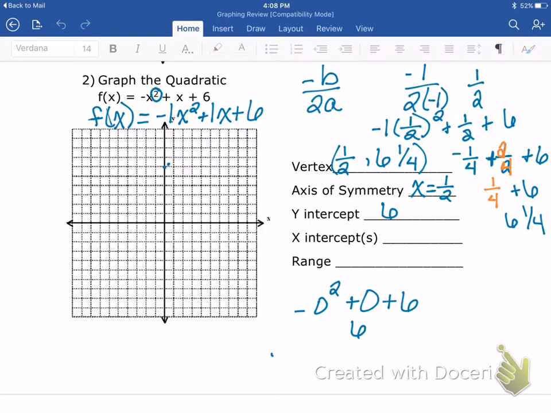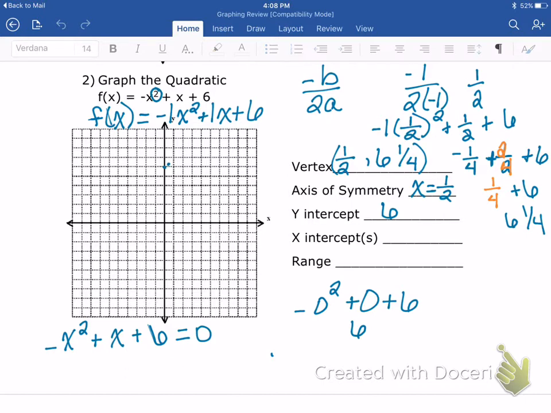Okay. Now, in order for us to find our x-intercepts, we are going to factor our polynomial. So we're going to go back up here, and I've got negative x squared plus x plus 6. Now, to find our x-intercepts, we set this equal to 0. And because we've got an a value that's a negative 1, sometimes that gets a little hairy.